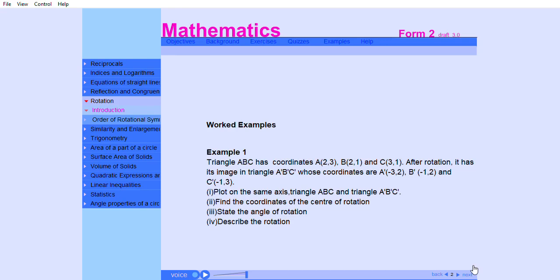Plot on the same axis triangle ABC and triangle A1B1C1. Find the coordinates of the center of rotation. State the angle of rotation. Describe the rotation.